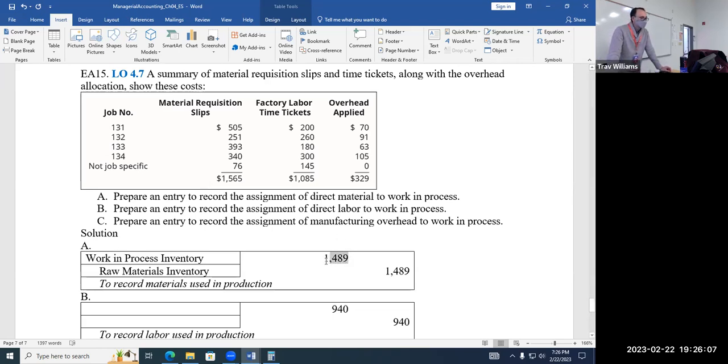Now, why is it $1,489? So the total materials costs minus the indirect materials. In other words, if you just add up the direct materials cost, it's $1,489. Because the indirect materials cost is going to go into manufacturing overhead.